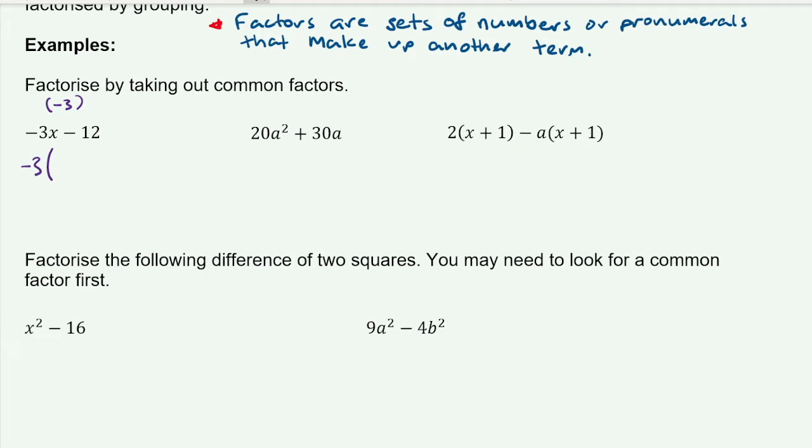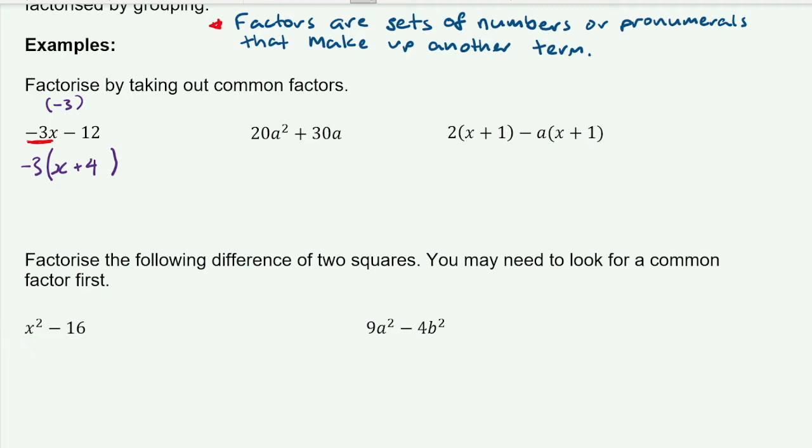What's left over inside of the brackets is what's left over from my expression. So minus 3x divided by minus 3 gives me just x. And then minus 12 divided by minus 3, well, that's going to give me plus 4. And that's how it's done.